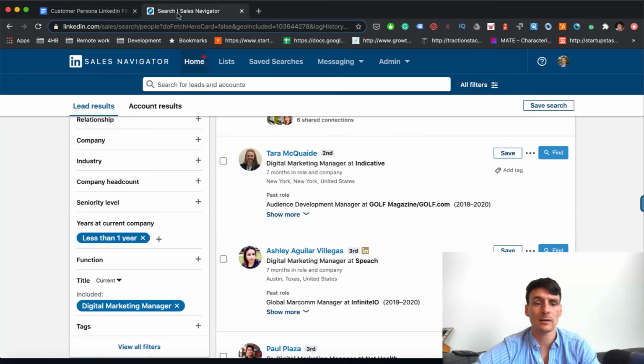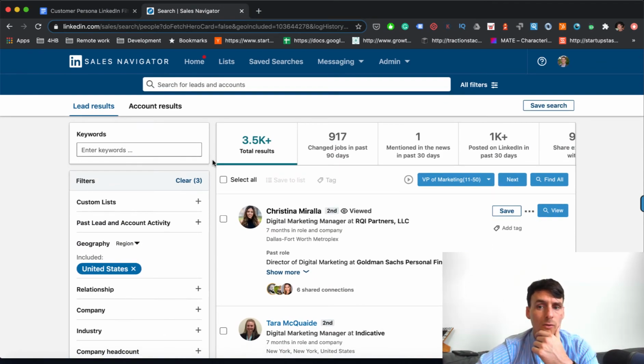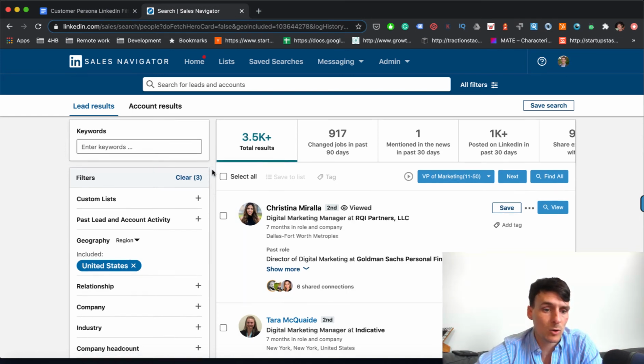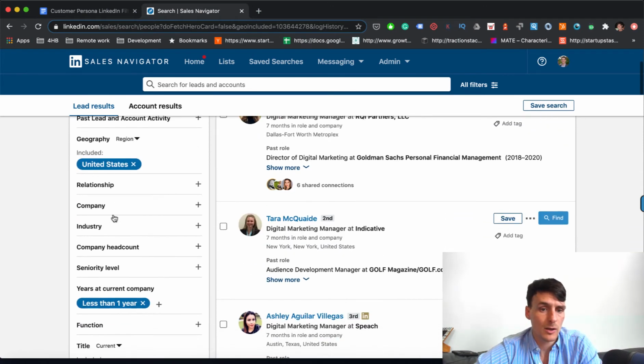Jumping into LinkedIn Sales Navigator, familiarize yourself with the user experience. It's very simple. I have some instructions, once we get to the integration, about how to install the Seamless Chrome extension. On the left side, you can see all these different filters. For my company, we're targeting the United States initially.